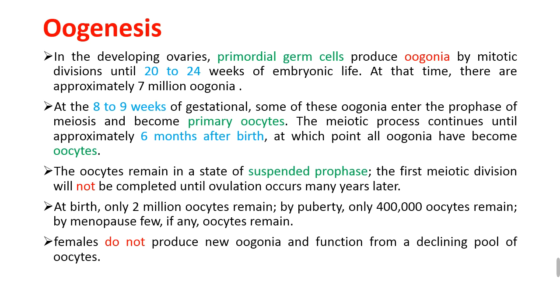How does oogenesis occur? In the developing ovaries, primordial germ cells produce oogonia by mitotic division until 20 to 24 weeks of embryonic life.